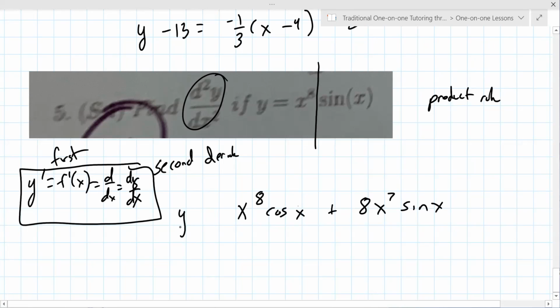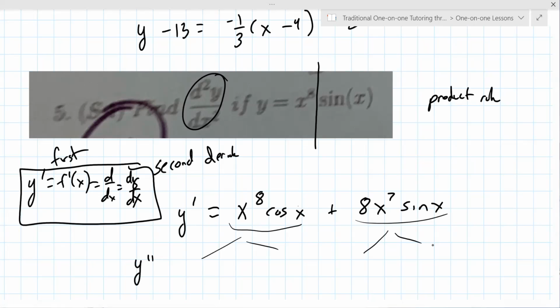Yep. Okay, so your second derivative is just product rule again. This creates 2 terms, and this is going to create 2 terms. So you just have to do it again. Give that a try, please.